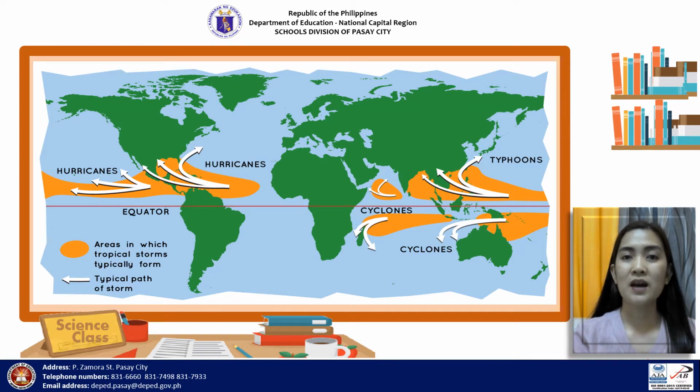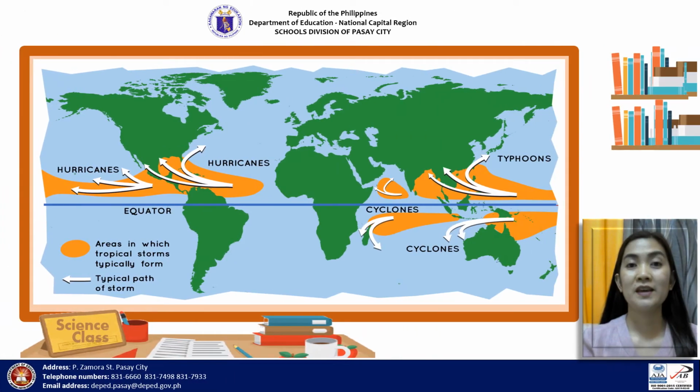Cyclones are formed over the South Pacific and Indian Ocean, while typhoons are formed over the Northwest Pacific Ocean. If you observe the path of the tropical cyclones, notice that they never cross the equator, nor do they occur nearest to it.